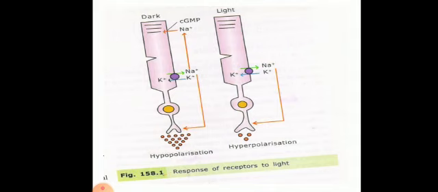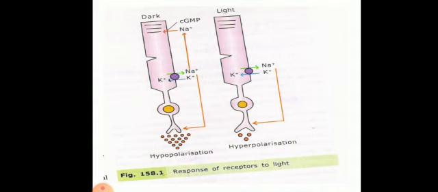Now when this happens, there is release of the neurotransmitter glutamate at the synaptic knob of the rods. A persistent release of glutamate will cause a persistent hypopolarization of the bipolar cells. This is what is happening in dark.